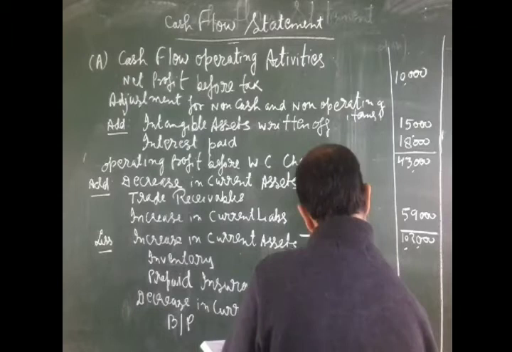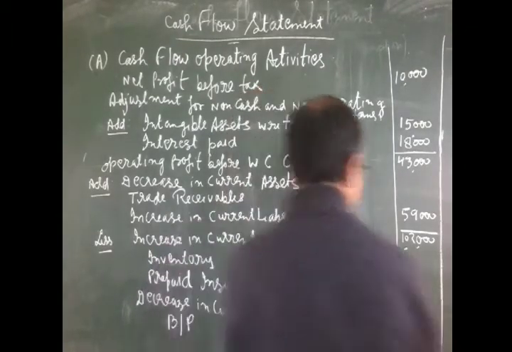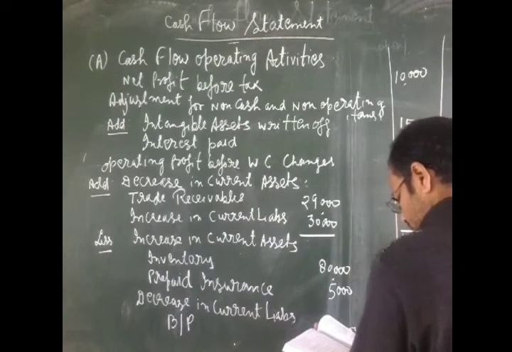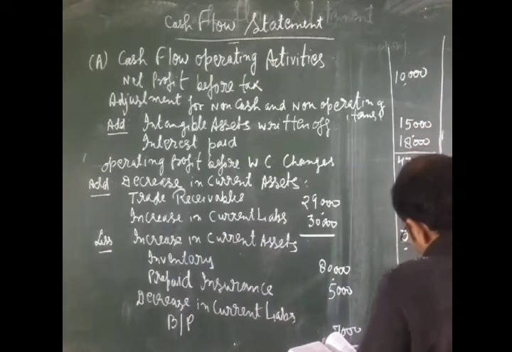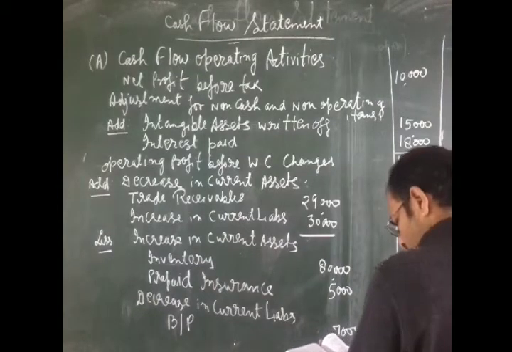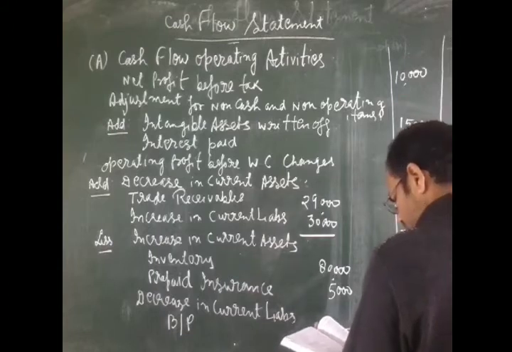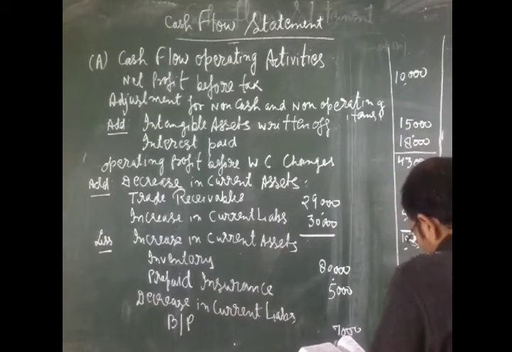In this way, we will add all these three items, and after that we will deduct from here. The amount will come 92,000. You can write in bracket, and the amount will come 10,000.